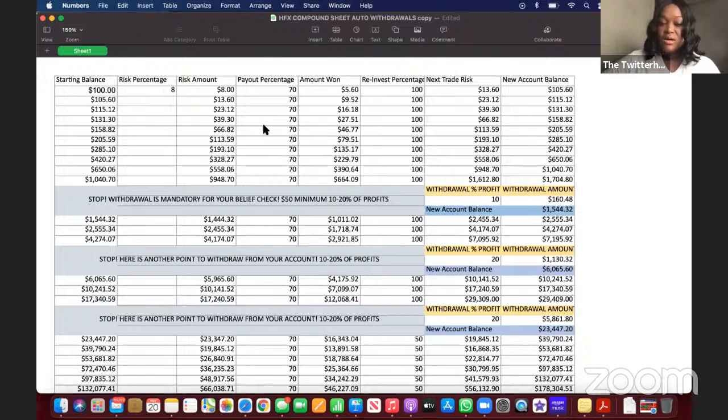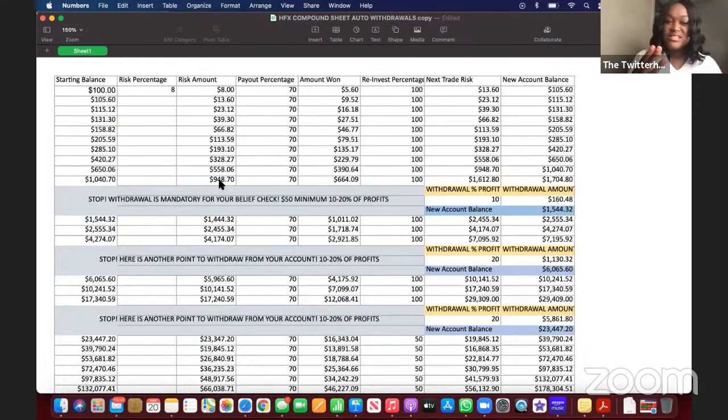And then with this, we say when you compound your money the other way, you're not pulling anything out. Here, when you get to $1,000, they say pull out minimum $50 just so you can say, yes, look what I've done, right? And then 3 trades later, depending on it, I personally would not be risking this amount of money on anything. So I'm going to always reset it.